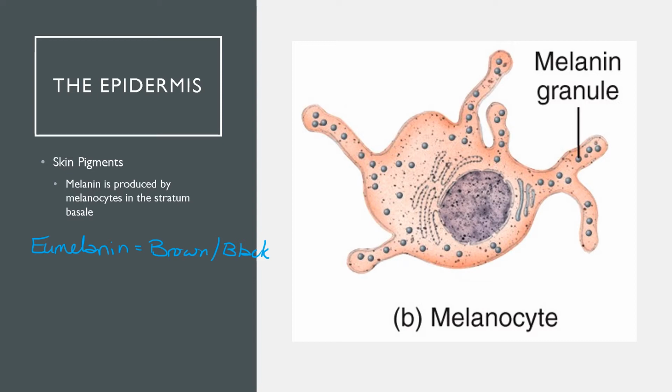Now, another common form of melanin is pheomelanin, and pheomelanin is a red-brown polymer. Pheomelanin is largely responsible for things like red hair and freckles as well.